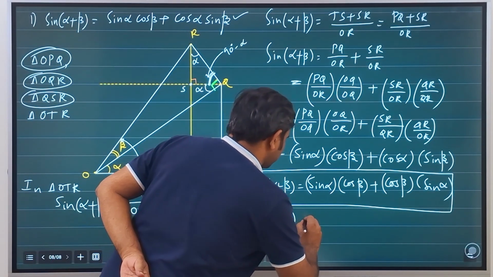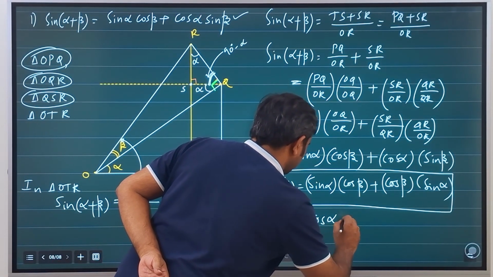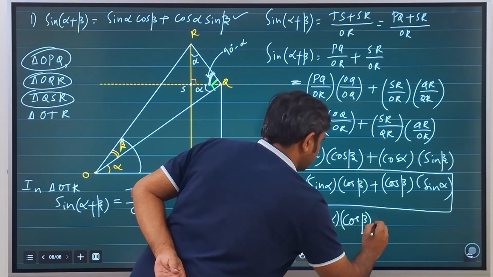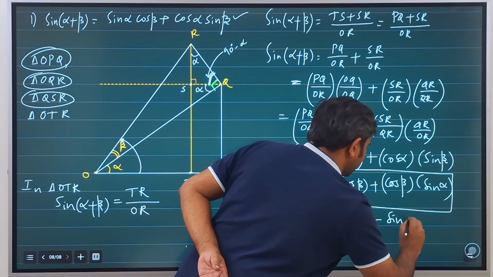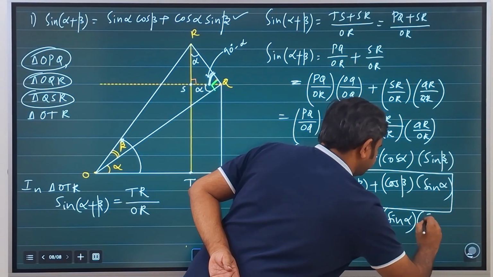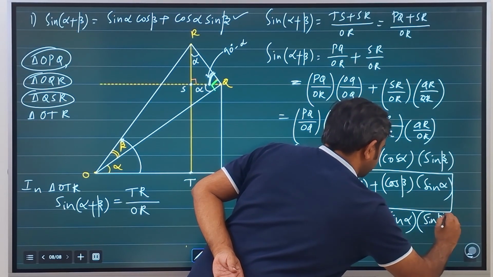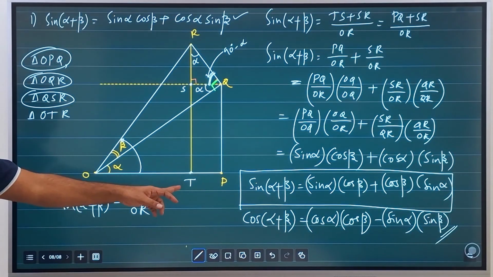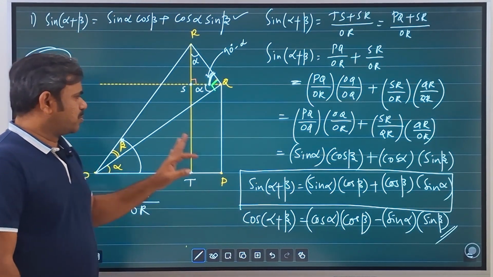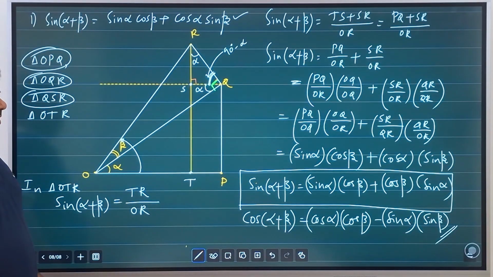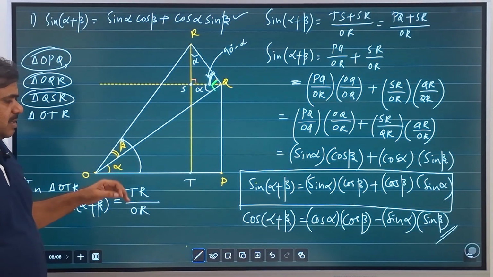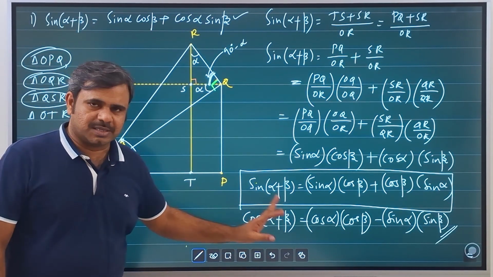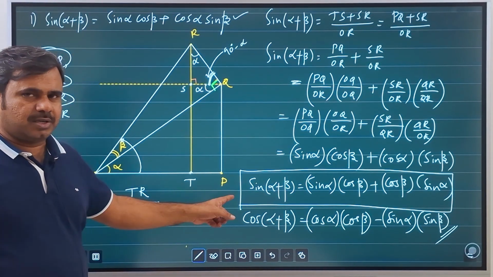So cos alpha plus beta is equal to cos alpha into cos beta minus sine alpha into sine beta. This is the second trigonometric identity that can be proved in the same procedure. Taking two right angled triangles like this and proceeding in the same manner, you should be able to derive this expression. So I am leaving that to you.